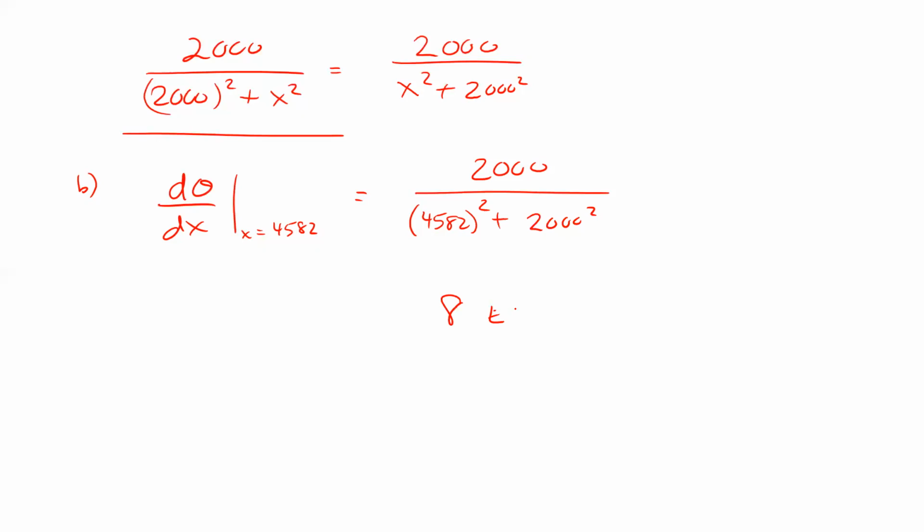It's 0.00008. No, 4 zeros and then the 8. On your calculator, you guys know that if you have e to the negative something, that moves the decimal point backwards. Right. Cool. There it is.